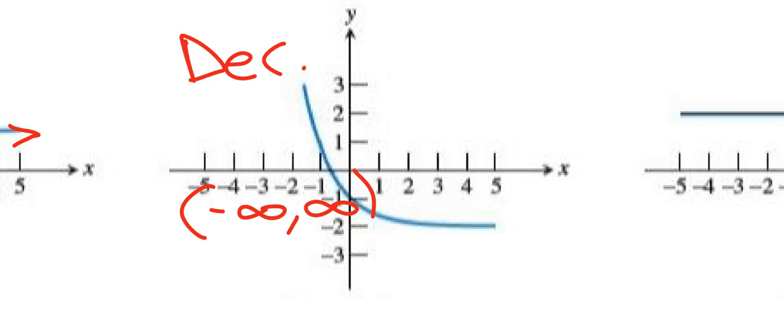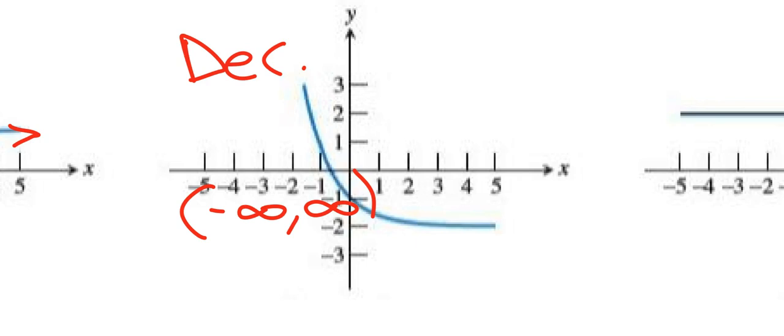This interval that I'm writing down, what are those? Those are x values, thank you very much. X values. The word increasing or decreasing is describing what type of values? Is it describing the x values or the y values?